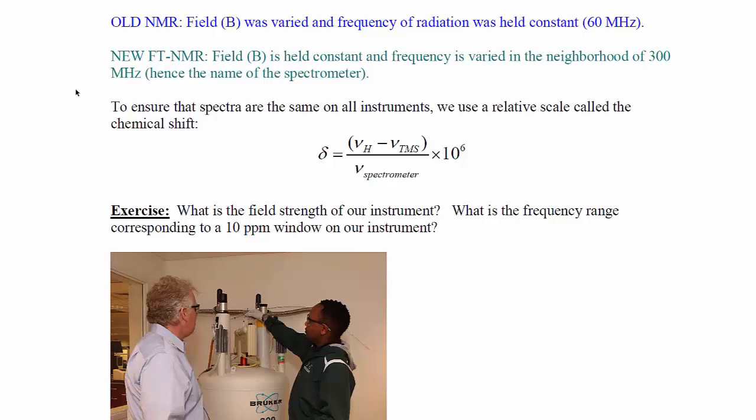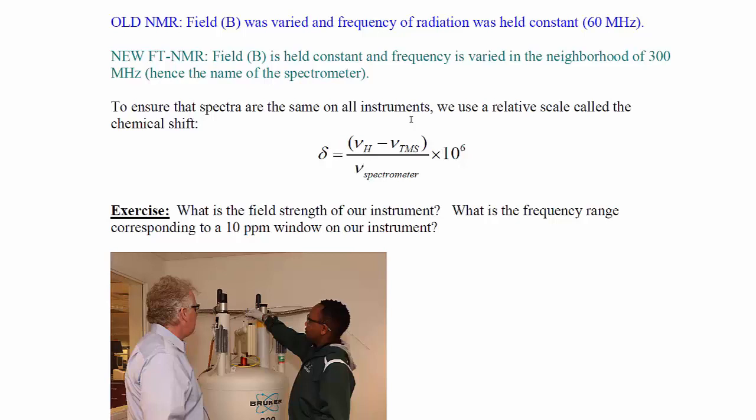And so the trick that we do is to scale the spectra. Here we see an equation with delta. That's the chemical shift. That's the place in which the peak occurs. The chemical shift is defined as the difference in frequency between what we're measuring and a reference atom. In this case, we're using TMS, tetramethylsilane, that has carbons and hydrogens and silicon, so we can use it for those three atoms.